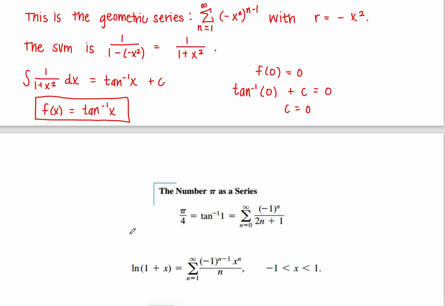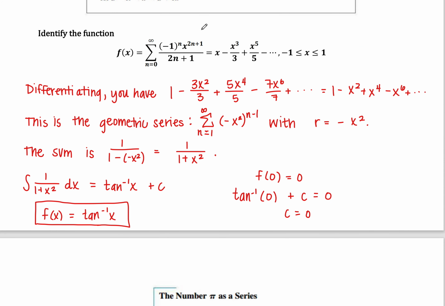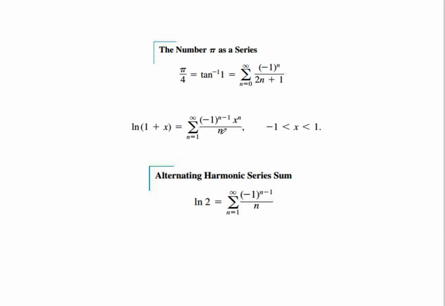And if we apply this process to inverse tangent of 1, where x would be 1, we get here, which gives us the number pi as a series. So pi over 4 is the sum.